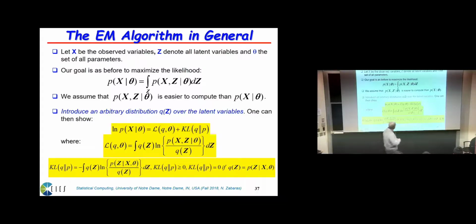Here is a result that you need to know, because if you read the literature, people directly start on line 1 with this equation, literally.